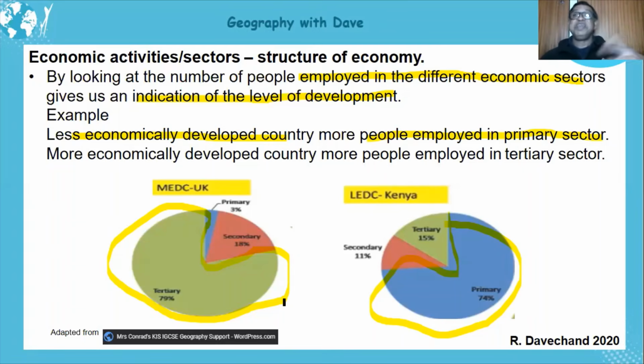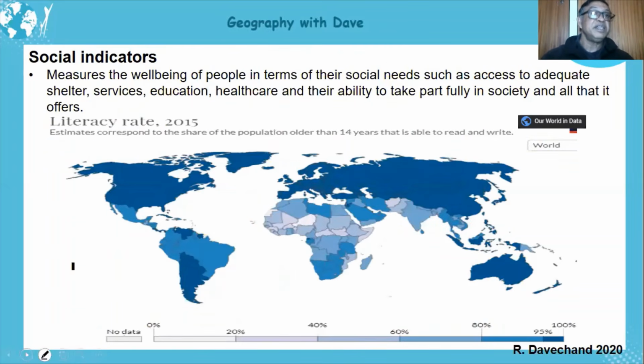So they're growing in research, technology, with quaternary service, tertiary services. Therefore, they are more developed. So more economically developed countries, people are more employed in the tertiary sector, which shows more development. Okay, can you see how it was important for us to go through the sectors in order to get to that conclusion?